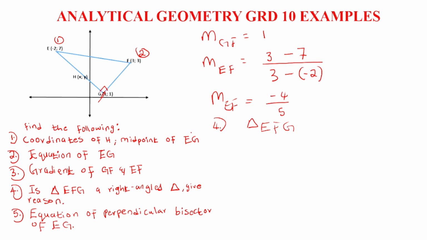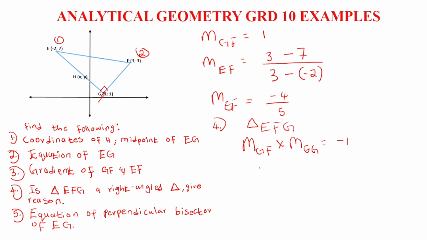So we need to prove that the gradient, the only way to prove it, you must say the gradient of GF, when multiplied by the gradient of EG, should give you -1. Okay, so if they don't give us -1, therefore it means they are not perpendicular, and therefore this is not a right angle triangle.